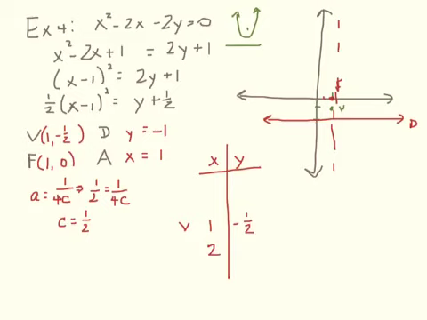And when I pick 2 to go in to our equation, I will have 1/2 times 1 squared equals 1/2, well, y plus 1/2. So subtract the 1/2 over, so you've got 1/2 minus 1/2 equals y. So y is 0.